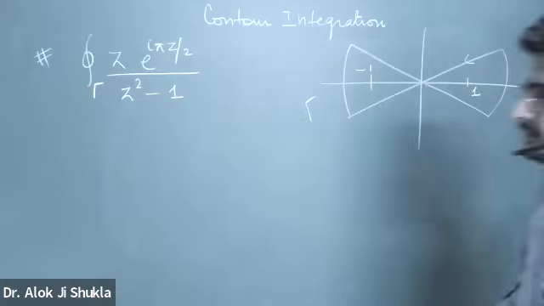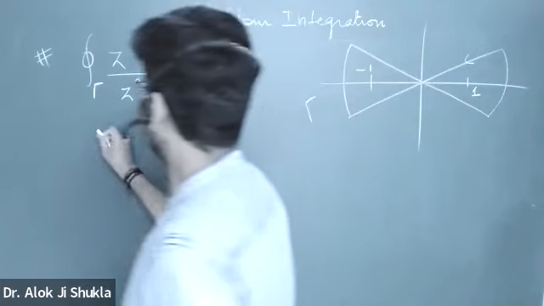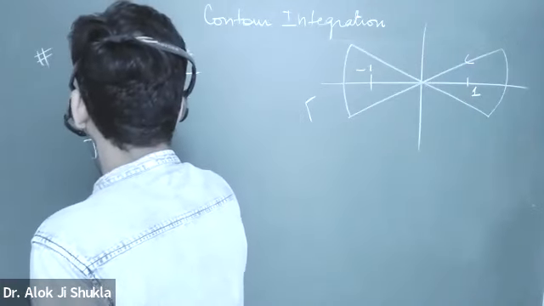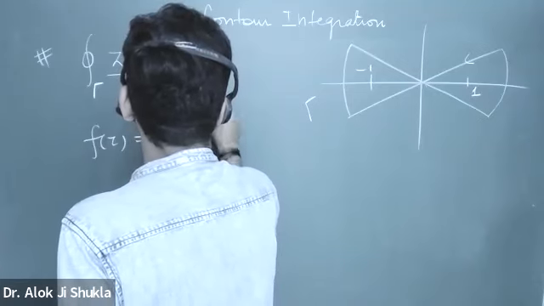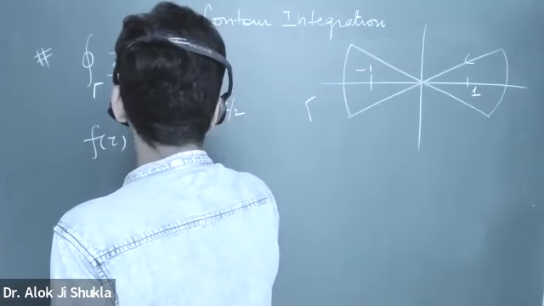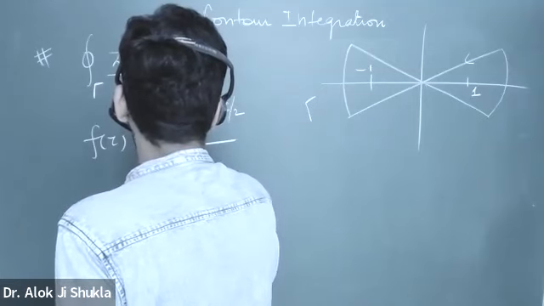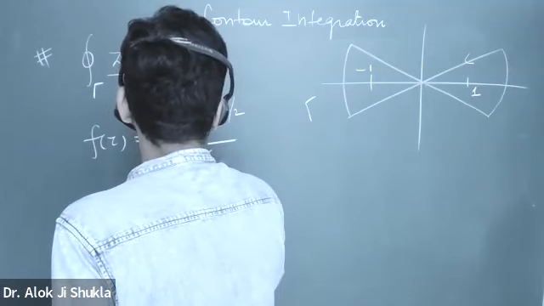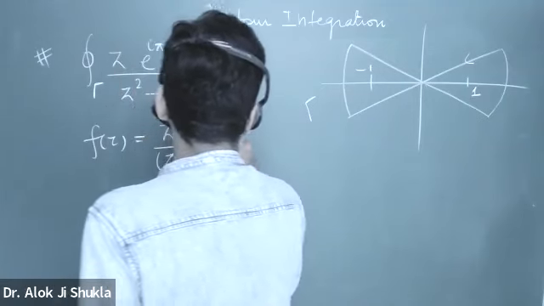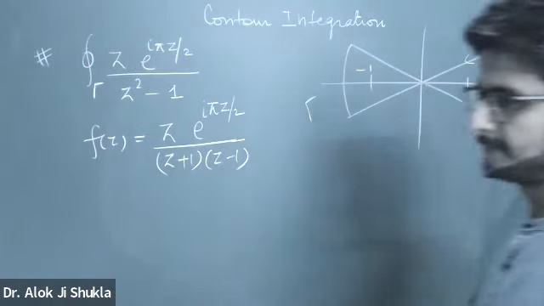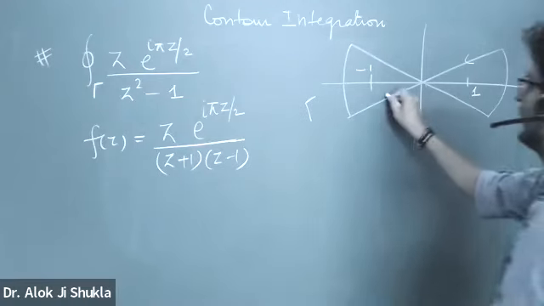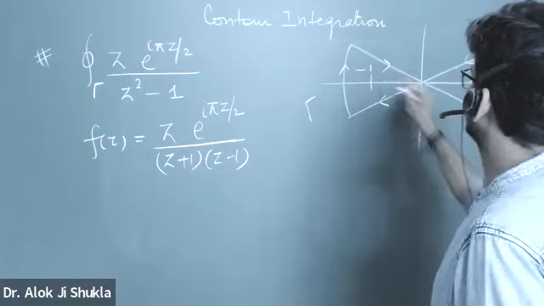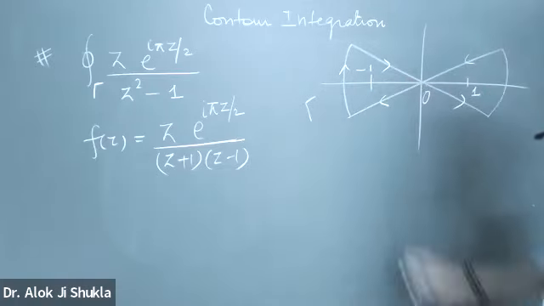Now please understand, our f(z) subjected to the integration is given by z e to the power I pi z by 2 over z plus 1 and z minus 1. And if you see this contour, it will be coming like this, and going like this. This is the origin.